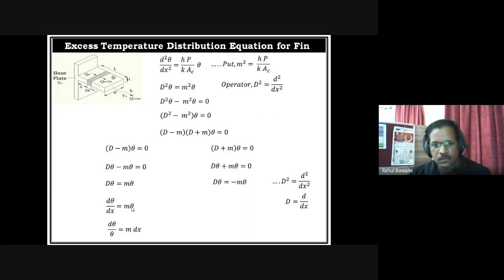Now shifting this theta term, d theta upon theta equals m dx. On the other equation side, d theta by dx equals minus m theta. Now shifting this theta, it becomes d theta by theta equals minus m dx.